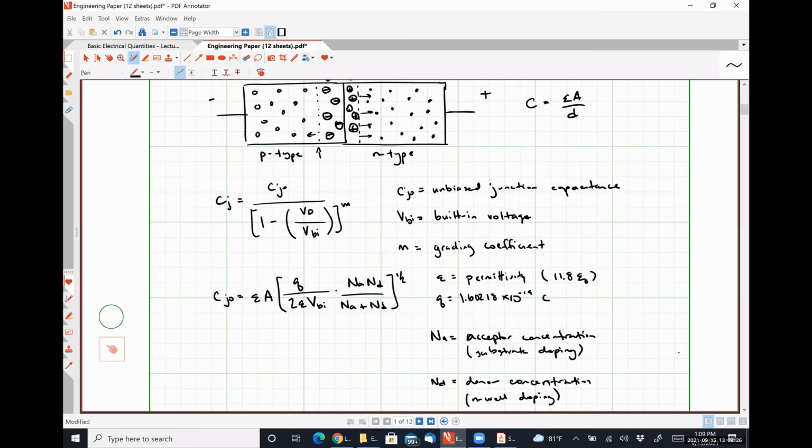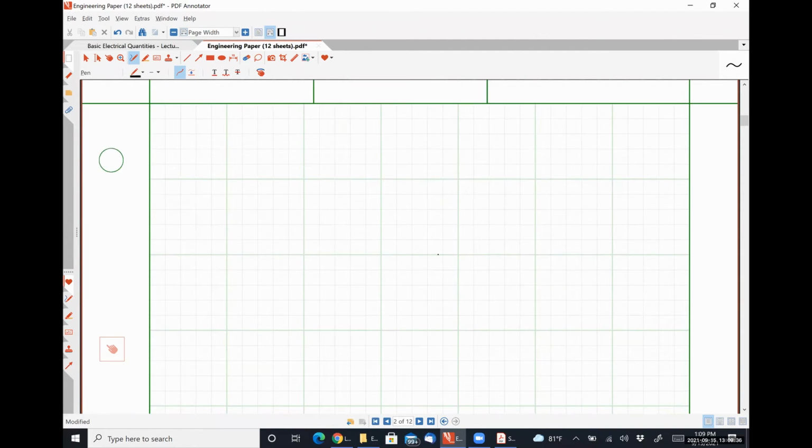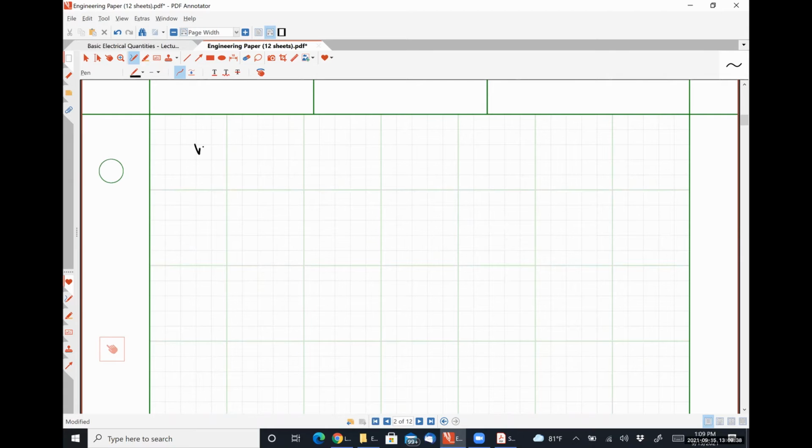So I'm going to give you guys a minute to finish writing this down, because it's going to force me to go to the next page. All right, our built-in voltage, PBI, is KBT over Q times natural log of NA ND over NI squared.